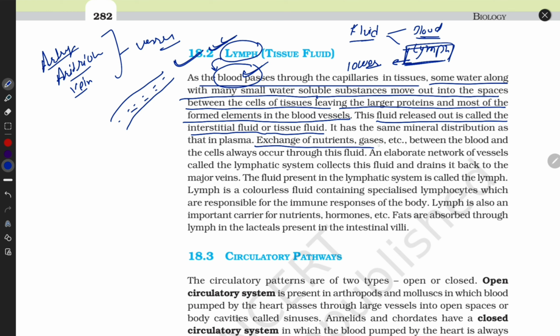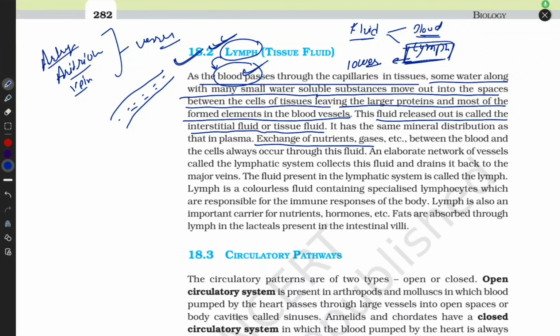They exchange nutrients and gases, guys. The exchange between the blood and the cells always occurs through this fluid. Everything can pass, whether gases, nutrients or ions, through lymph. Alright, so lymph has its lymphatic system.